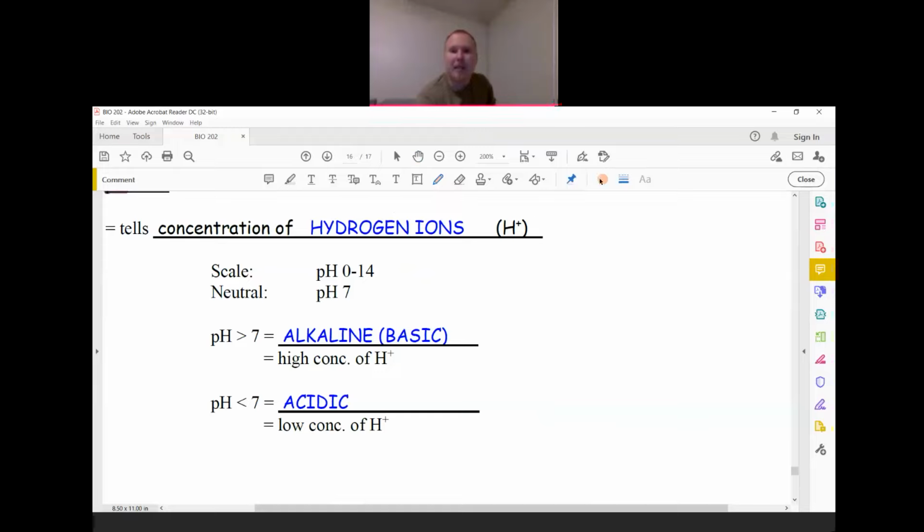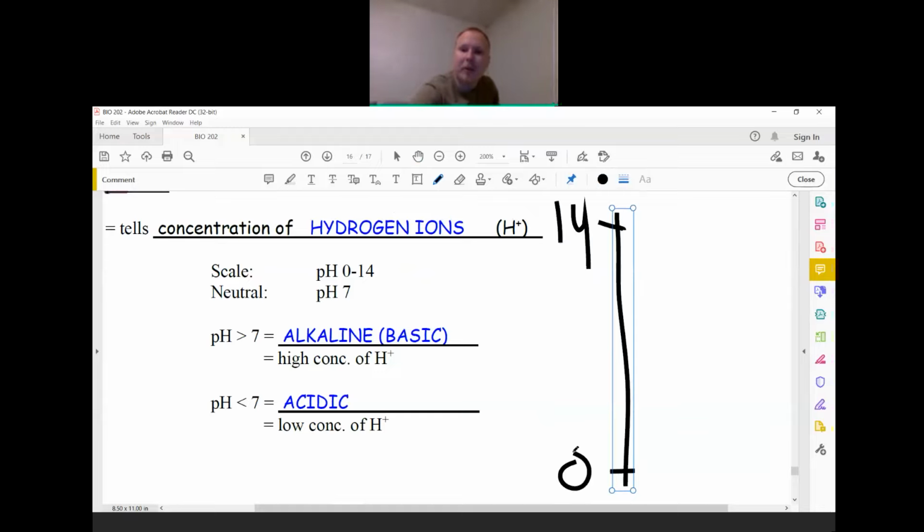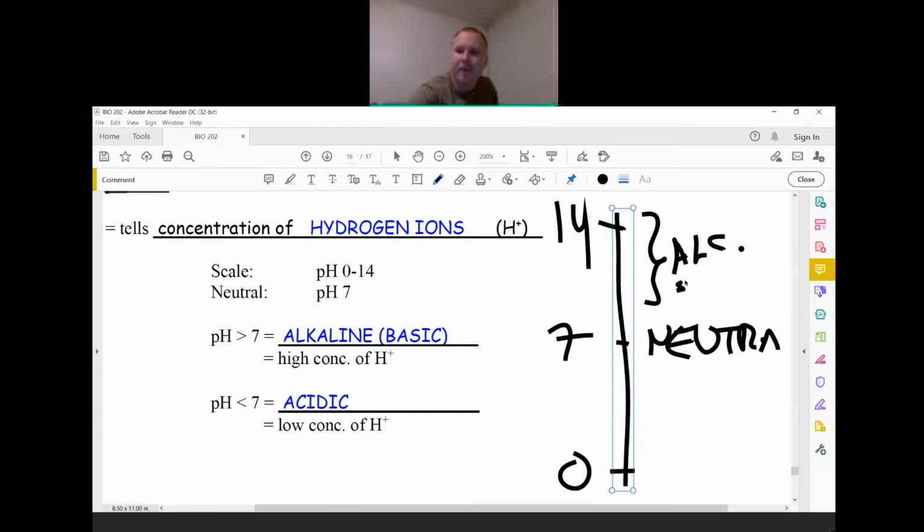We remember that the pH scale runs from 0 to 14, and at the pH of 7, we call that neutral. Higher pH is known as alkaline or basic, and lower pH is acidic.